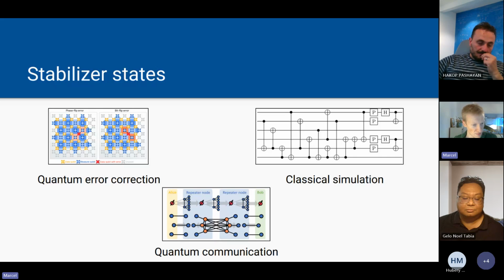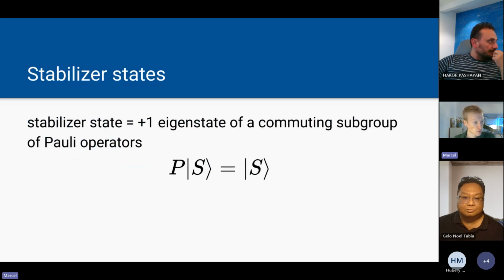And what are they mathematically? Well, they're just +1 eigenstates of stabilizer groups. And stabilizer groups are subgroups of the Pauli group, where all the Pauli operators in the subgroup commute. So stabilizer states satisfy this equation here for some Pauli operators belonging to some group of commuting Pauli operators.